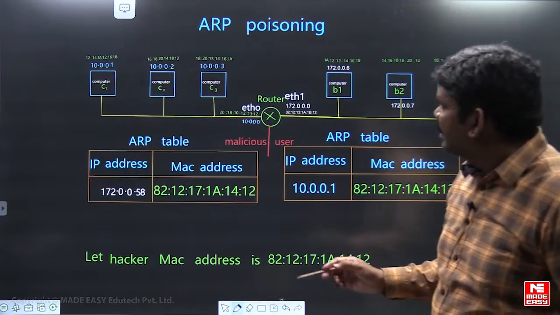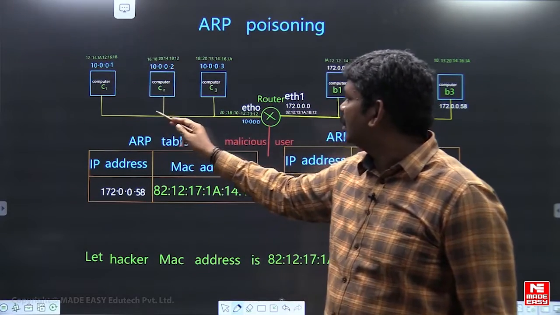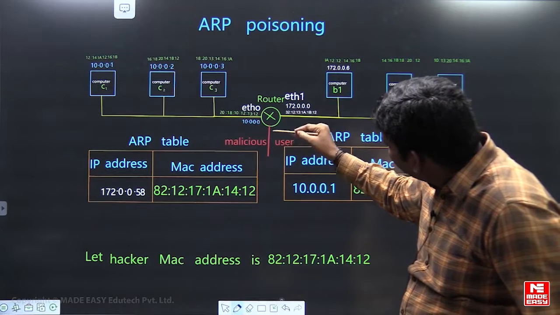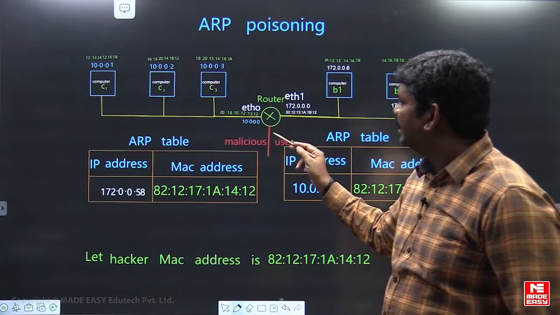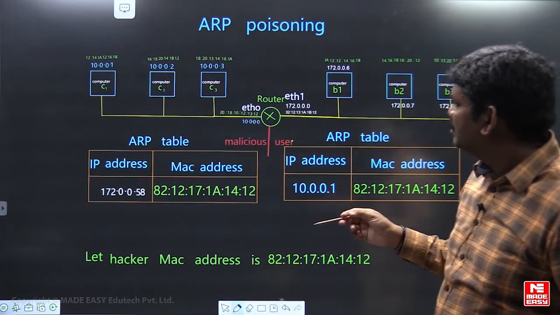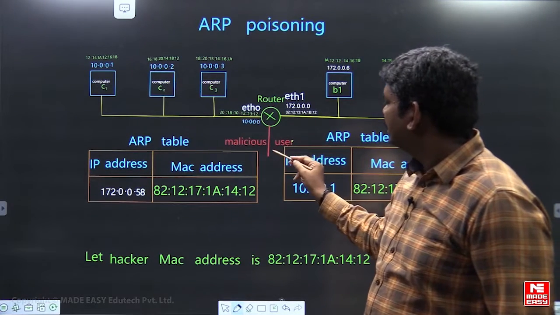Now see what happened. Initially, when C1 wants to communicate, at this interface this hacker or malicious user is contacting. So you can clearly observe that he is maintaining two ARP tables, this hacker.